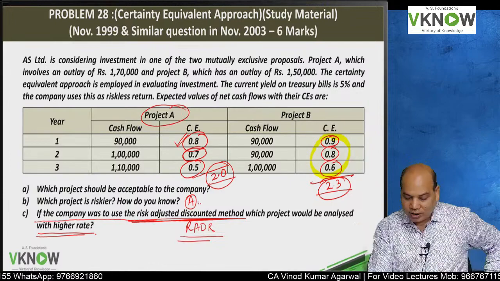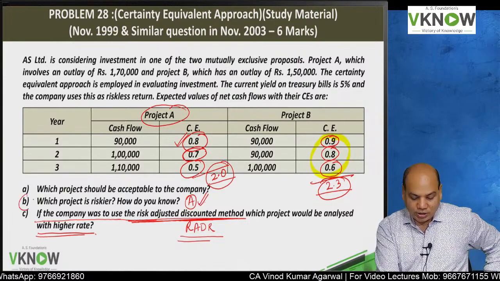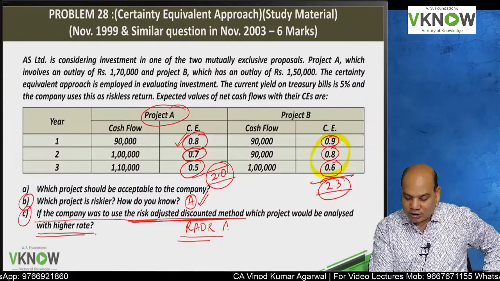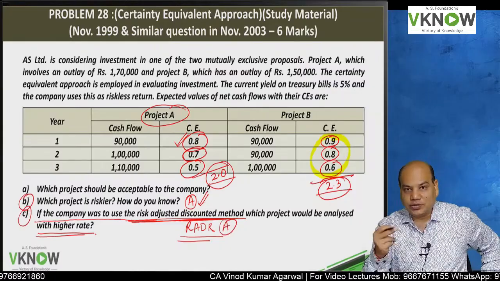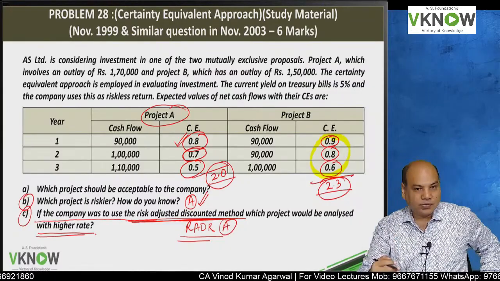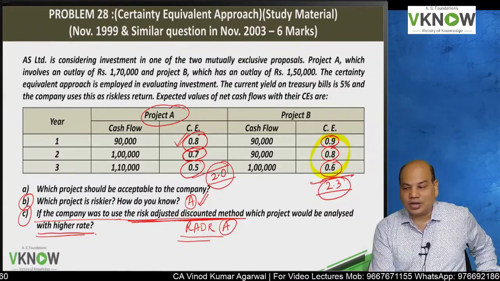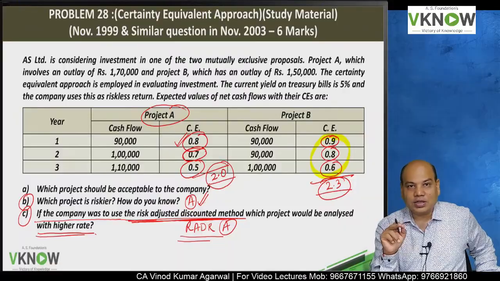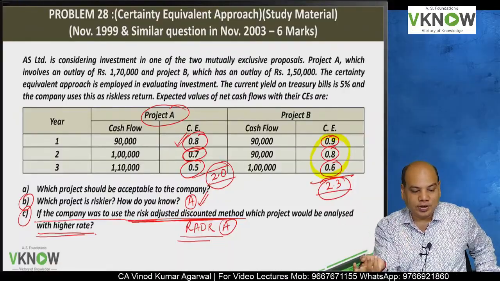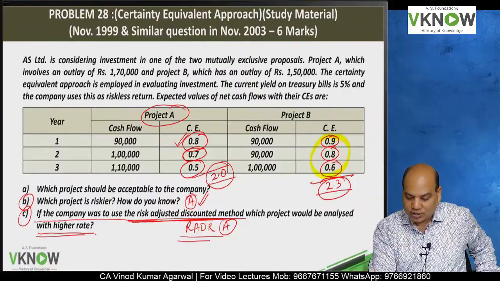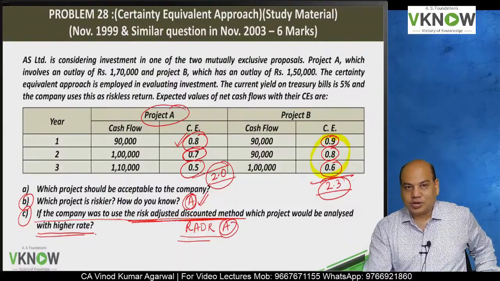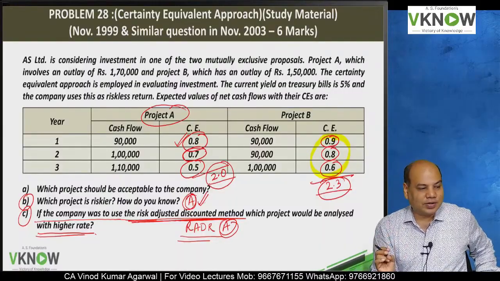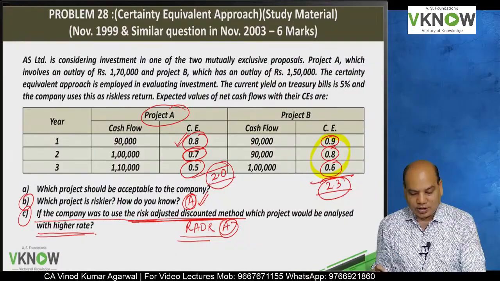If you are saying A is riskier in answer B, you have to again answer A, because the one which is riskier will be discounted at a higher rate. So answer of B and C are same. They have only asked the same question in a different way. You can't have answer A here and answer B. Then you are contradicting yourself. So answer A is right.